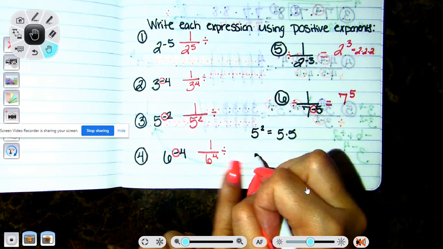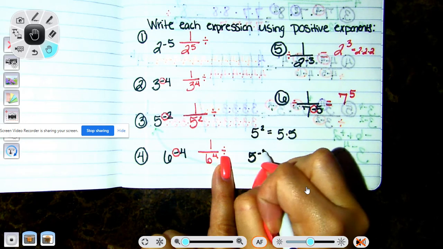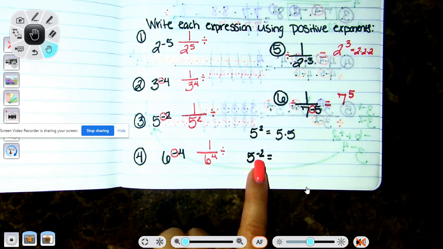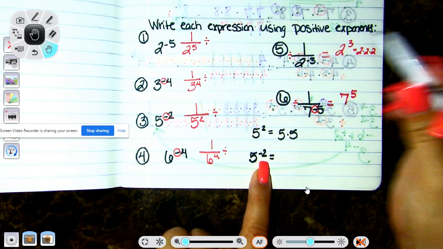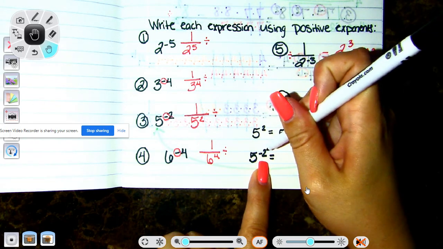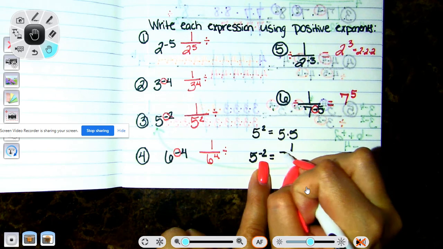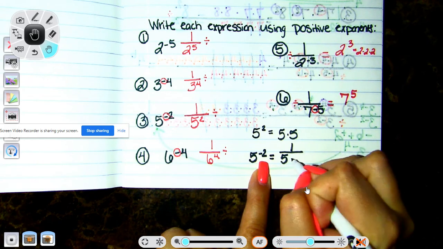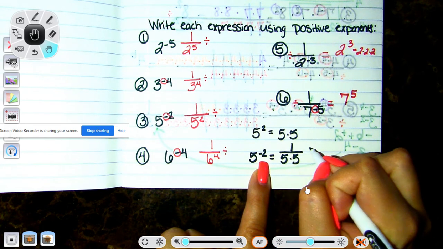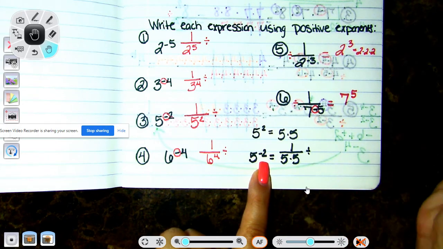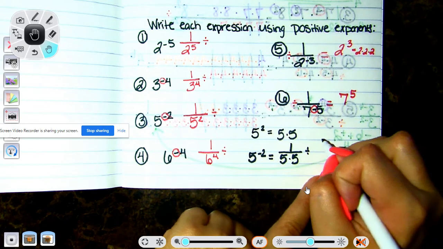In this case, 5 to the negative second power, there is a negative sign. So let's read that as opposite. So we're going to do the opposite of multiplying by 5 twice. Well, that would be dividing, and we show that by expanding out using a fraction form, with the fraction bar meaning the sign division.